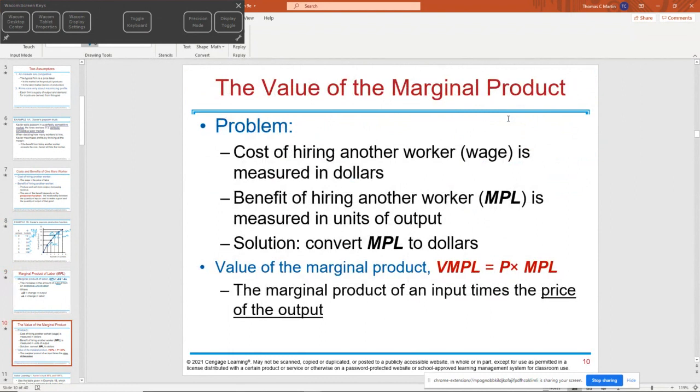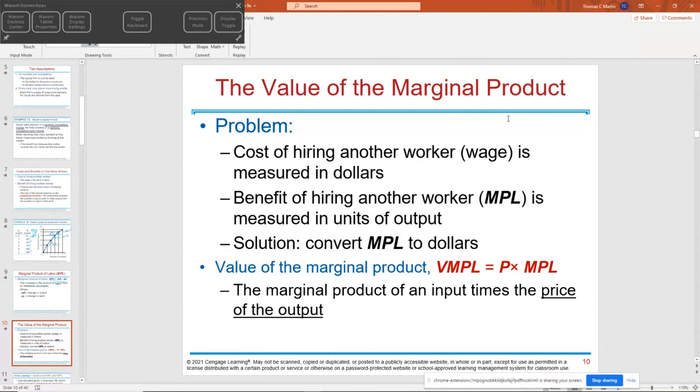Now we measure the cost in dollars, where we can compare apples to apples and oranges to oranges. And we have a value set to the product that we're producing.